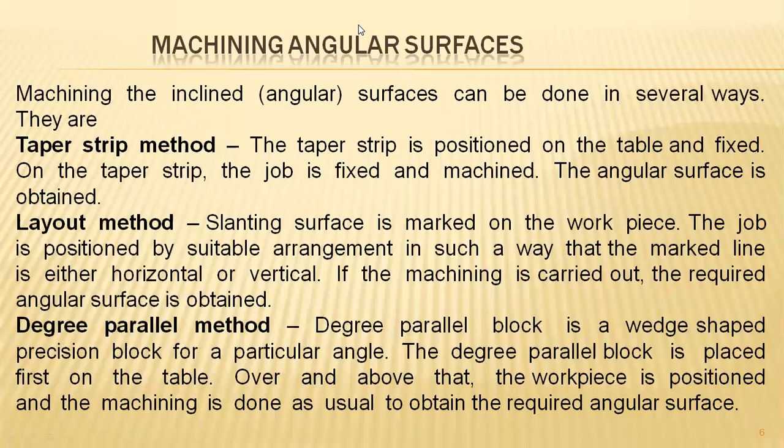We have the taper strip method, in which the strip is fixed or positioned on a table and the job is machined over the surfaces wherever necessary. The referral units may be two-dimensional or three-dimensional, and from that the monitoring actions are done for the tool consignments.